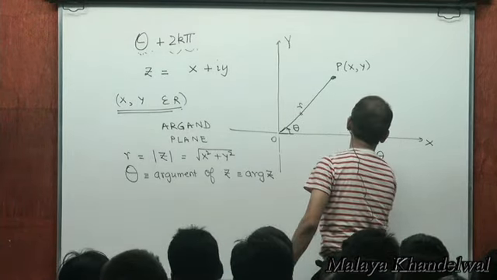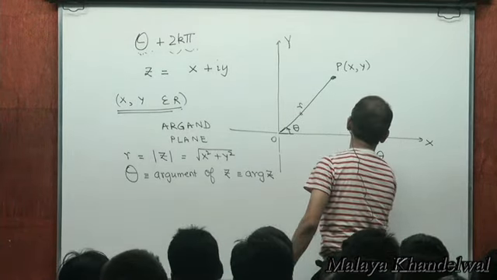Z plus z bar is going to be 2x, which is twice the real part of z. X is the real part of z, so Z plus Z bar is twice the real part of z.